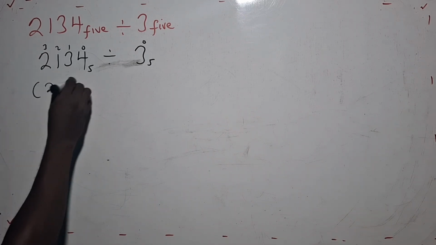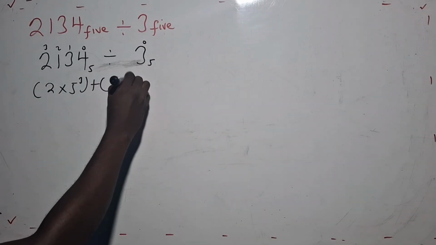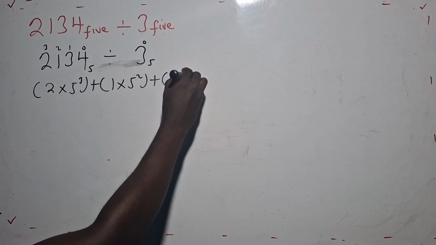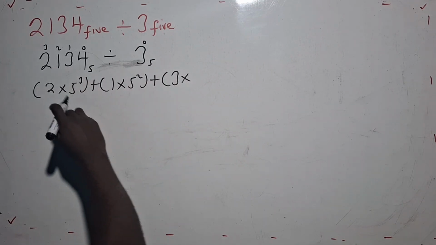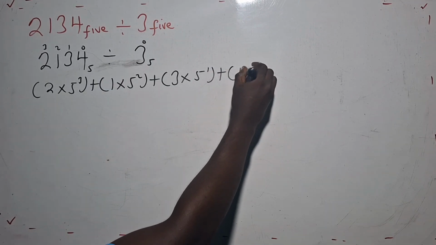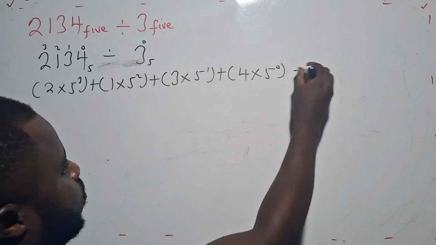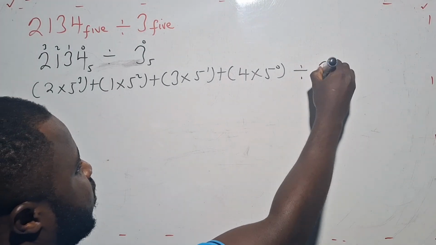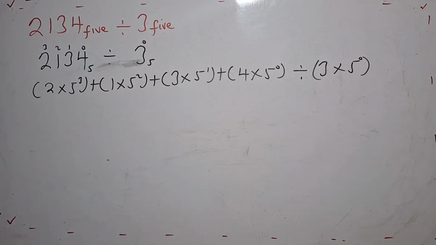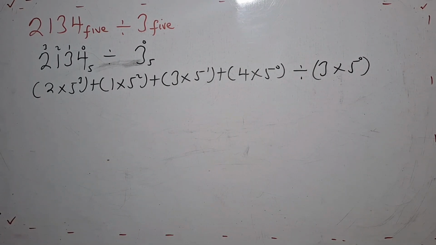So 2 will multiply 5 power 3, then 1 will multiply 5 power 2, 3 will multiply 5 power 1, then 4 will multiply 5 power 0. Divided by 3 will multiply 5 power 0. If you've followed my lesson to this point, you know why I've awarded the powers on top.